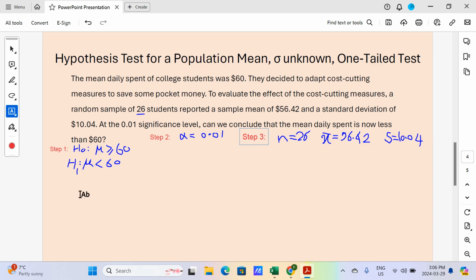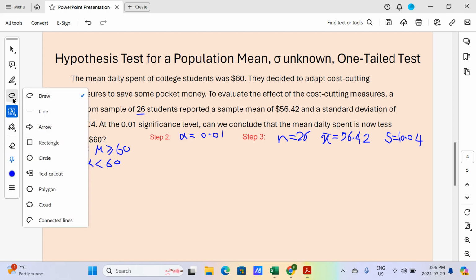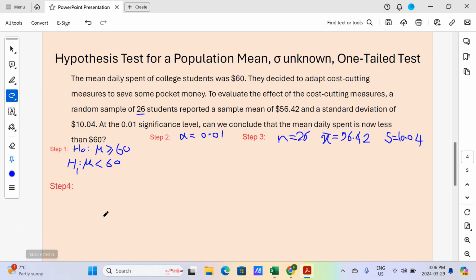Now step 4. In step 4, I need to identify the rejection region clearly. It's the distribution of X bar, bell-shaped.